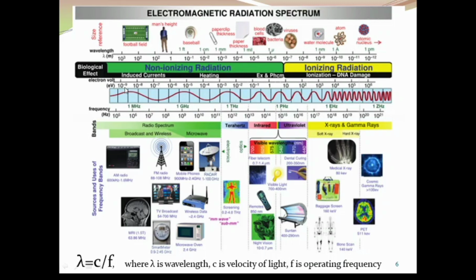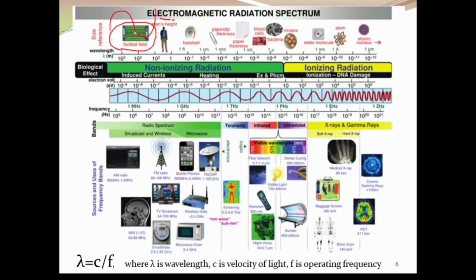If we convert 1 megahertz into wavelength using lambda equals c by f, one full cycle completes within this football field. So it is a big wavelength, and the complete football ground is needed to finish one full on and off cycle.